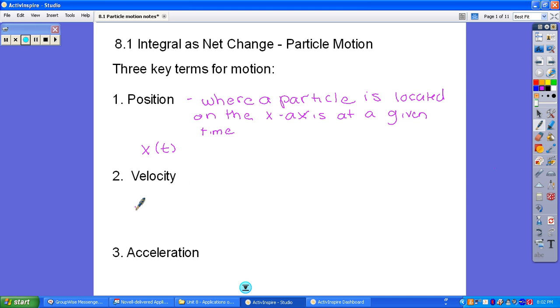For velocity, we have to remember that velocity tells us two things. It tells us the speed and the direction the particle is moving. So how fast and in what direction.